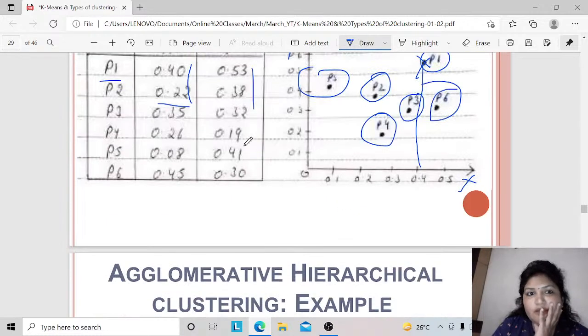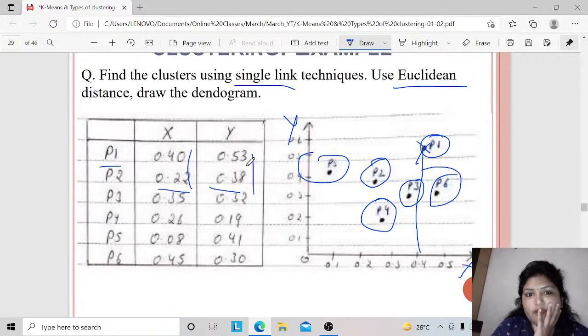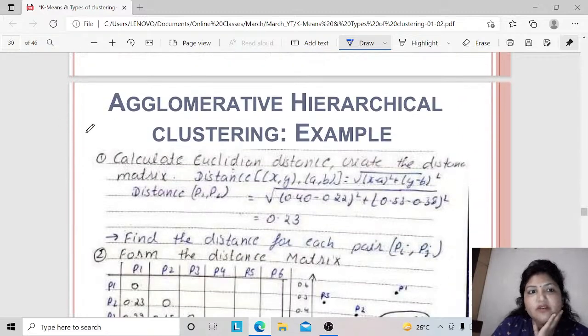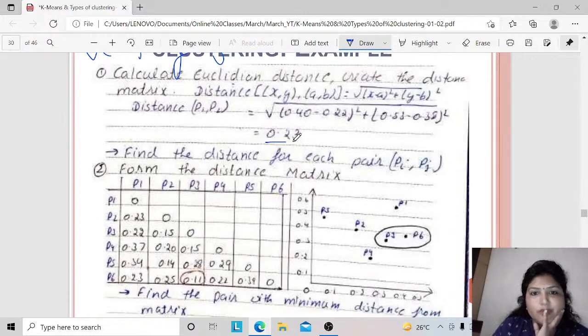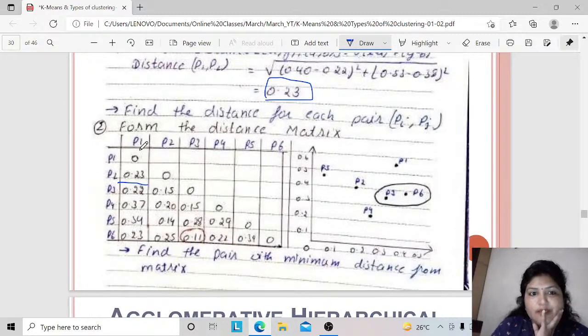So 0.4 minus 0.22, 0.53 minus 0.38. Because the Euclidean distance method takes x minus the other point whole square plus y minus b whole square, right? And you find the distance, this would be my 0.23 distance for P1 to P2. So this is how you are going to calculate for all the data points. You have to find the distance between all the data points.